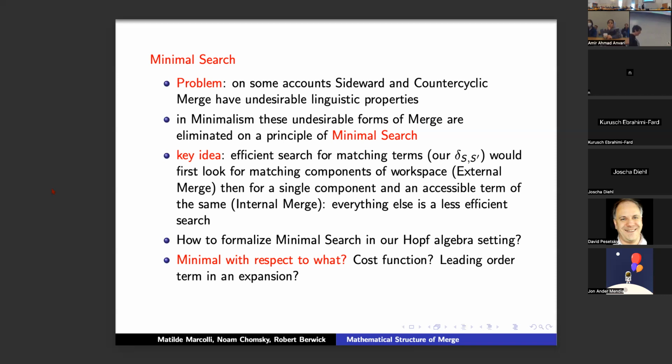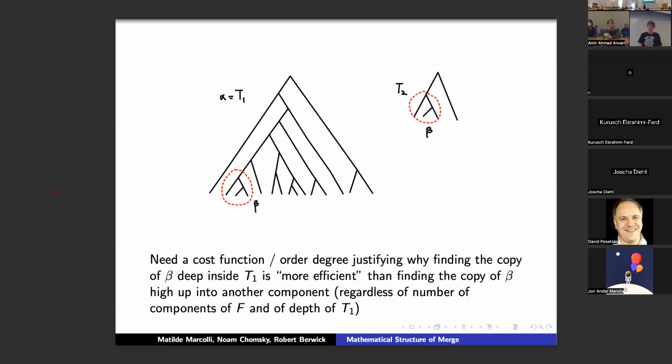As a mathematician, this got me a little bit worried, because in what sense is this true? The first thing I'm 100% on board with. The easiest thing you can do is just search whether you have two components that match. The second thing, let me explain what first got me worried.